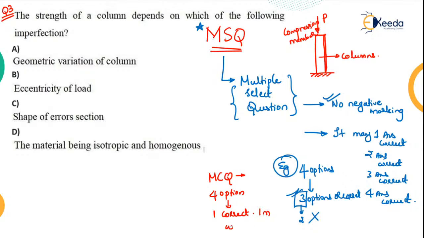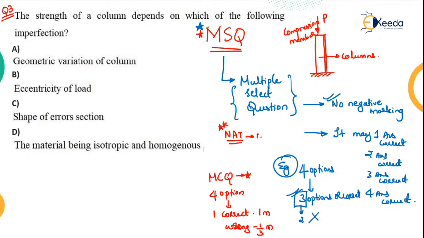If you attempt a wrong MCQ question, then the negative marking is not minus half, it is minus 1 by 3, that is 0.33 marks. That is your multiple choice question. Then comes your multiple select question, and the third type of question is your NAT question.